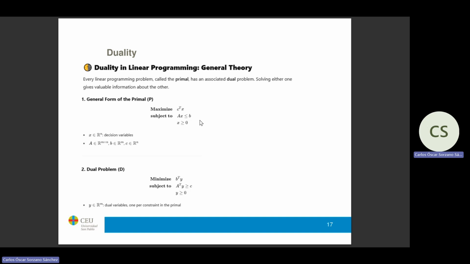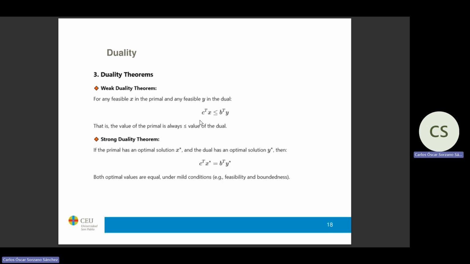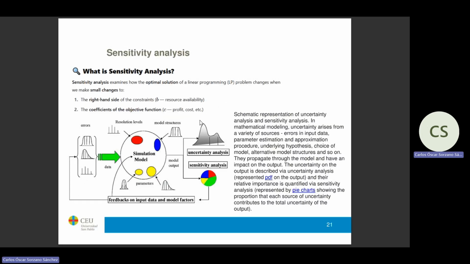Will the optimum be very much affected? And the other question is, what if my coefficients C also change a little bit? How do I change the optimal solution? That is sensitivity analysis.